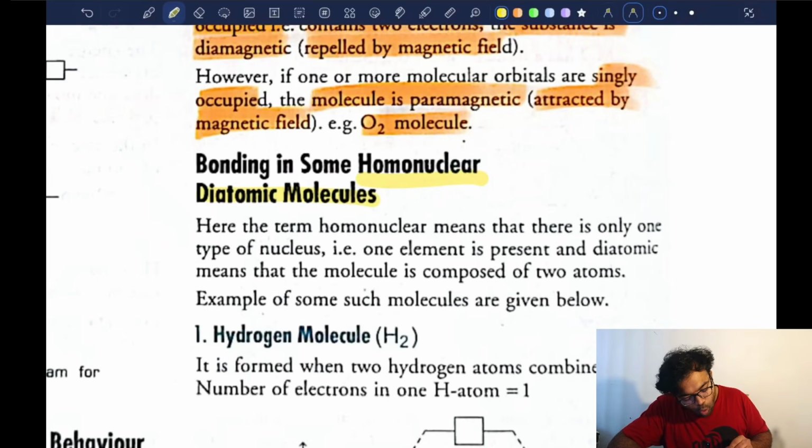Here the term homonuclear means that there is only one type of nucleus, that is, one element is present, and diatomic means that the molecule is composed of two atoms. Examples of such molecules are given below.